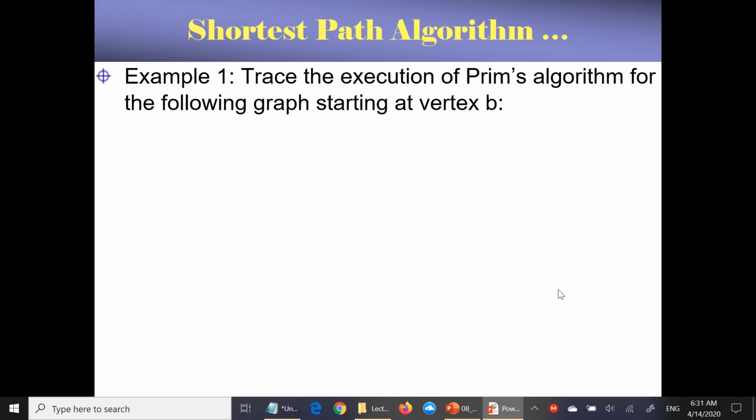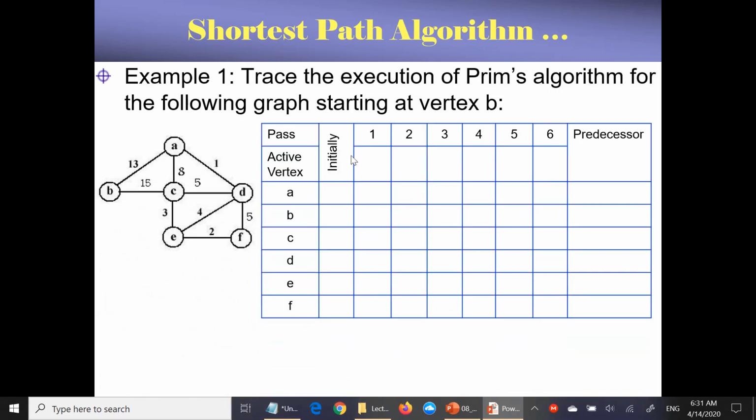Okay, so here it says trace the execution of Prim's algorithm for the following graph starting from vertex B. By the way, it really doesn't matter which vertex you start with. You normally will end up with the same result, as we shall see.